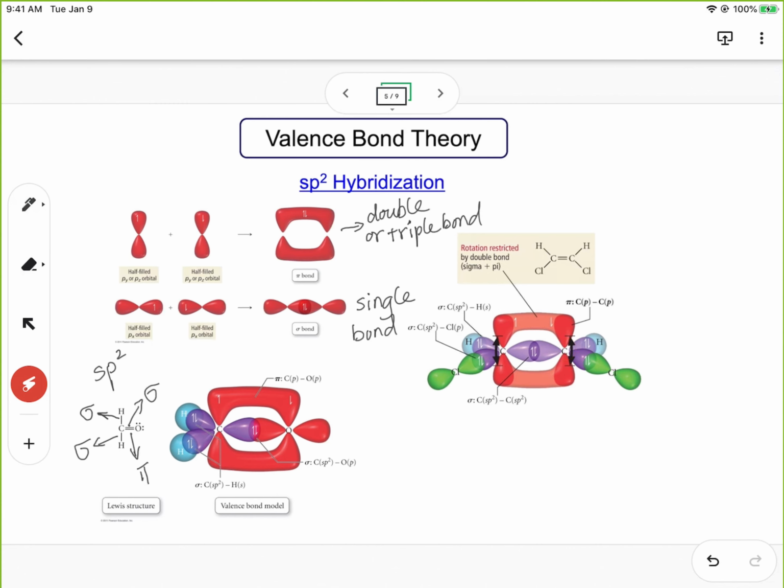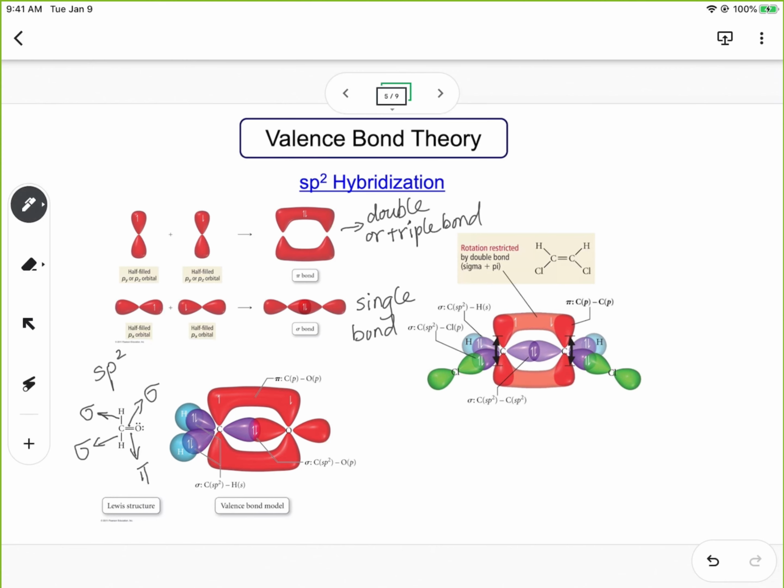When they form the carbon double bond, both carbons have sp2 hybridization. And you can see the chlorine here. Of course, chlorine will have its p orbital interact with the hybridization orbital of the carbon through head-to-head interaction.